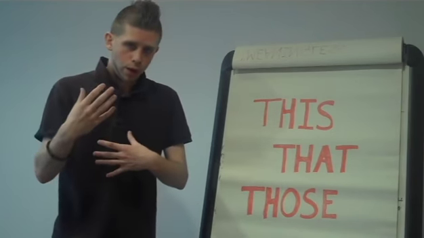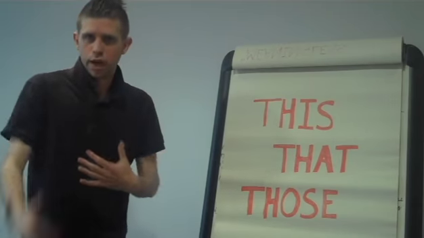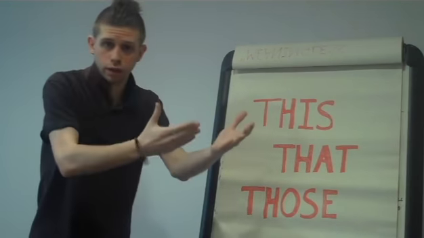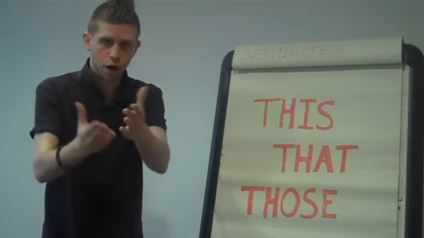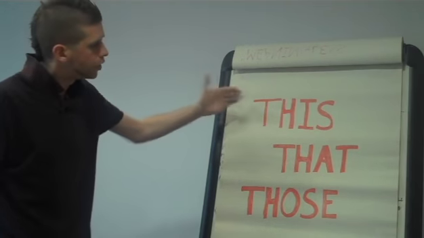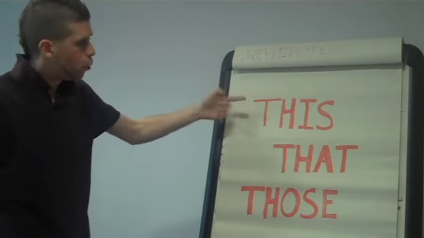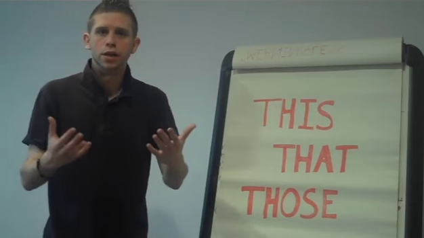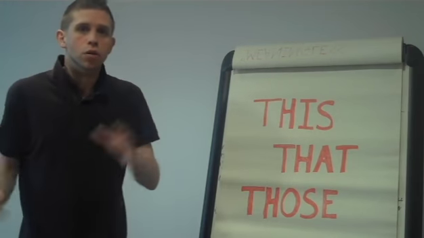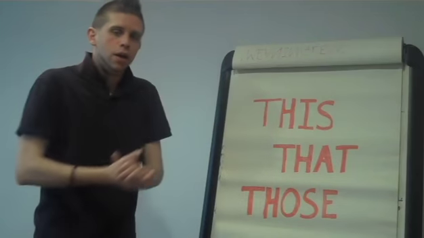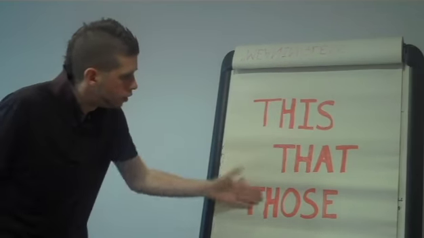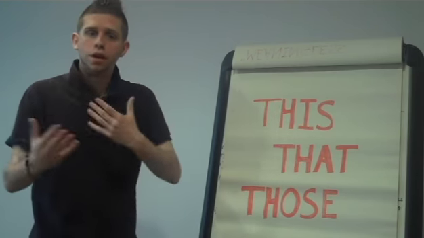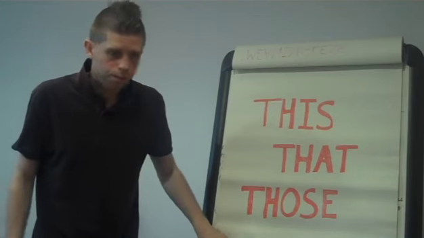So when you read over your essay, imagine that you're one of your readers, approaching this work for the first time, and think, am I very clear what this word this is referring to elsewhere in the sentence, or what the word those is referring to? And if there's any doubt, repeat that word, make sure it's clear what these words are actually referring to. So that's another issue that I think comes up quite a lot.